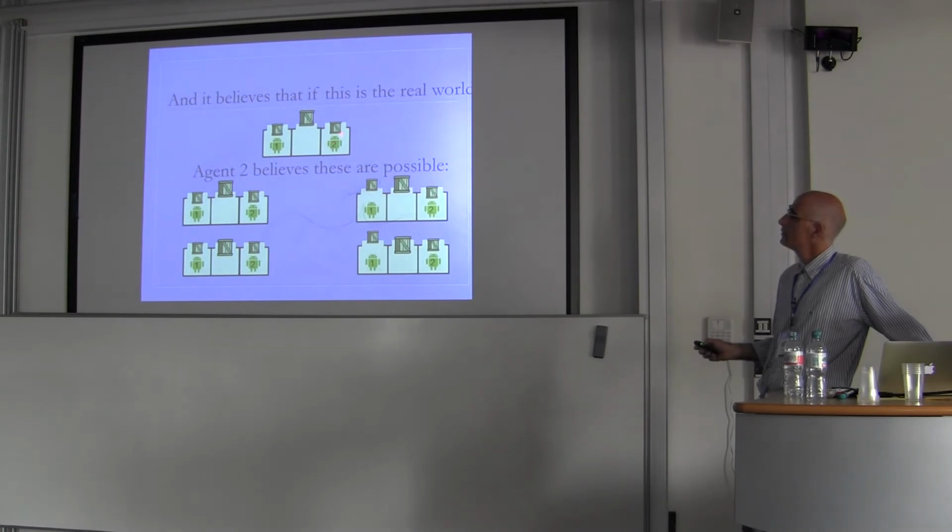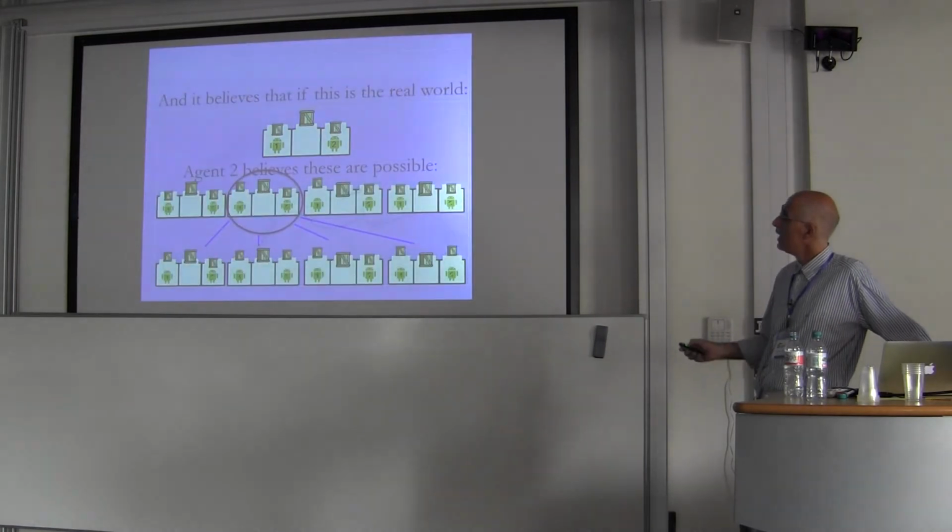In that case, it basically assumes or believes that agent 2 believes these are the possible states of the world. Why? Because if this is the real state of the world, it knows that agent 2 has made an observation action, then agent 2 observed the state of the box in its cell, and therefore, but agent 2 doesn't know about what's happening here, so it will consider all of these states possible.